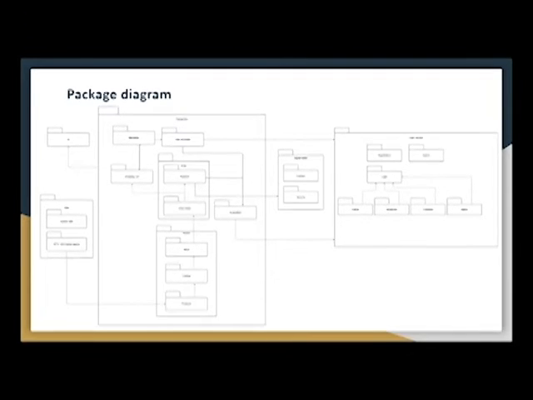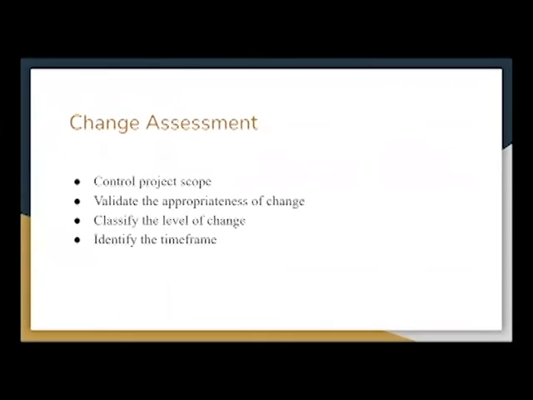Our team also made a change assessment during the design session, and there are 4 important factors. We have defined our project scope at the beginning of the design, and each time a change exists, it should be included in our scope. Then our team will discuss the change to classify the impact on the project and whether it is appropriate to our topic.